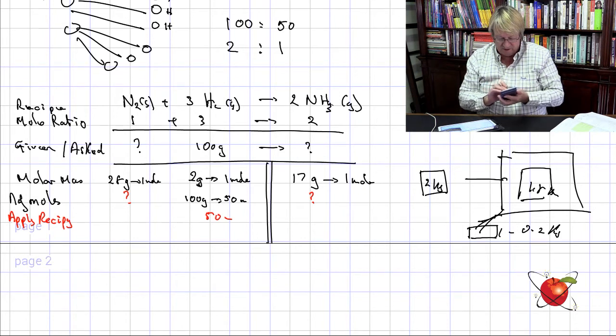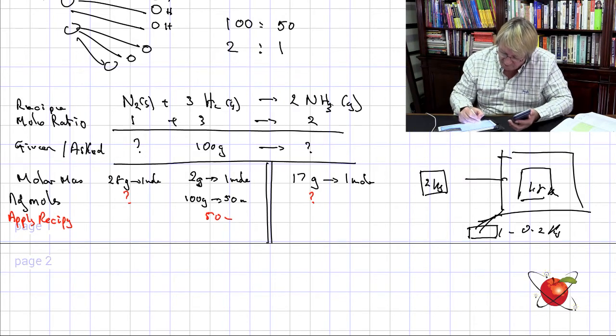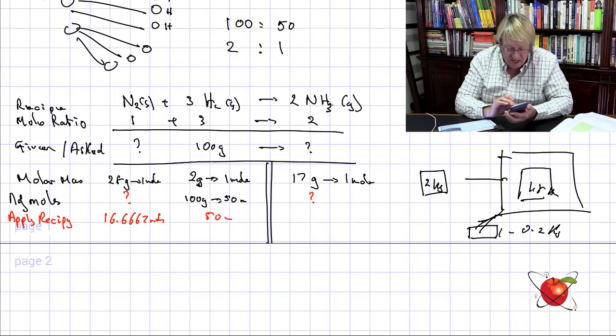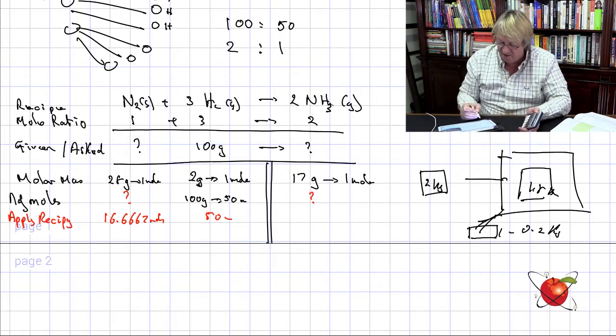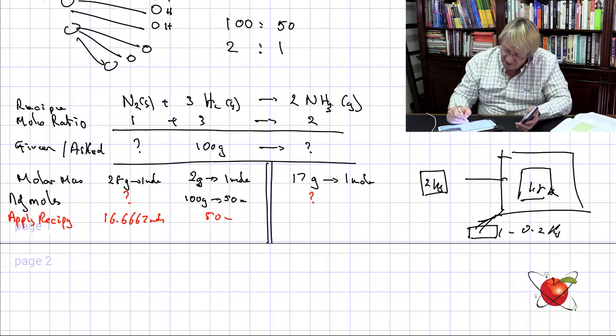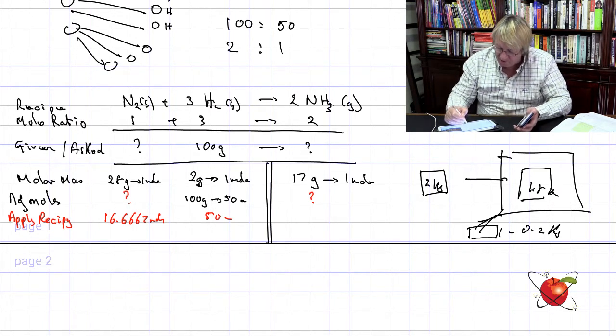50 divided by 3 is going to be equal to 16.6667 moles. Let's check. Is my ratio 1:3? Divide that by 16.67 and divide the 50 by it as well, and we get 3. So 1:3, right? I'm keeping the ratio. Therefore, how many moles of this do I get?